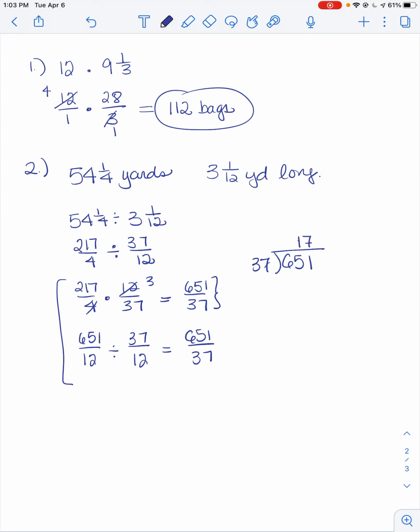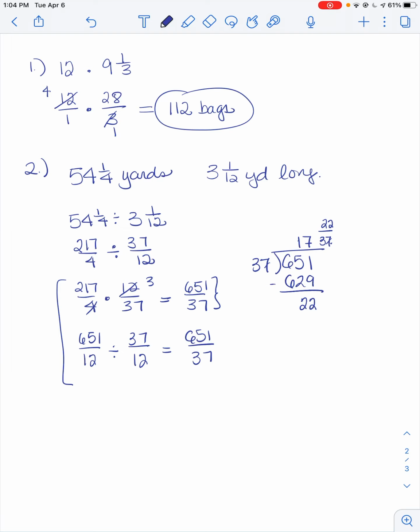So if we use our calculator to help us, 17 times 37 is 629. This subtraction, 651 minus 629, gives us 22 left over. So that means that there are 22 pieces out of 37 pieces that are left over.